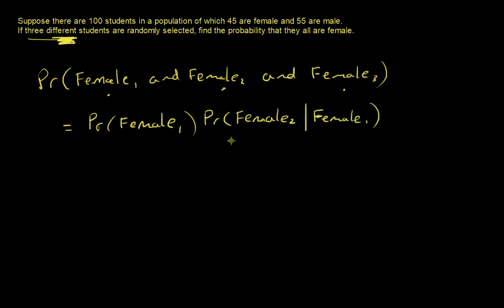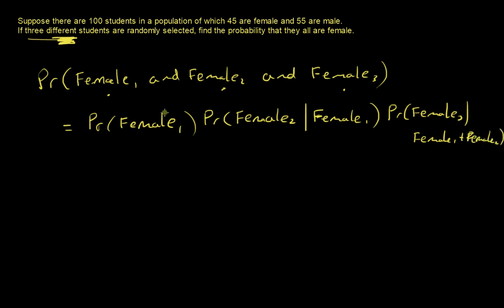One female being out of the group changes the probability for the next one being a female. And then the third one is also going to be a female, given that the first 2 were also female. So female for 1 and female for 2.